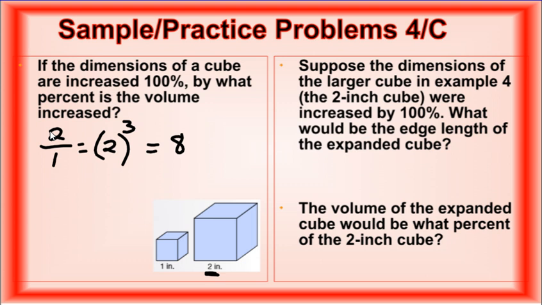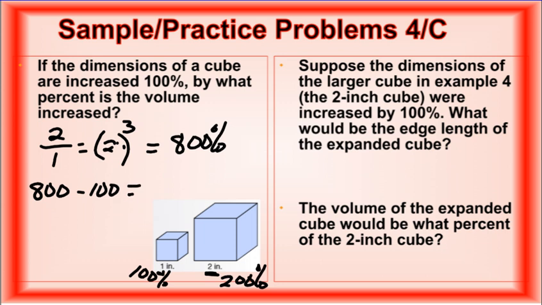So if the smaller one is 100%, 2 times greater would have to be 200%. So if we did 200%, if you cube the 2, that would be an 800% increase. So by what percent is the volume increased? The larger one minus the smaller one would give us a 700% increase.